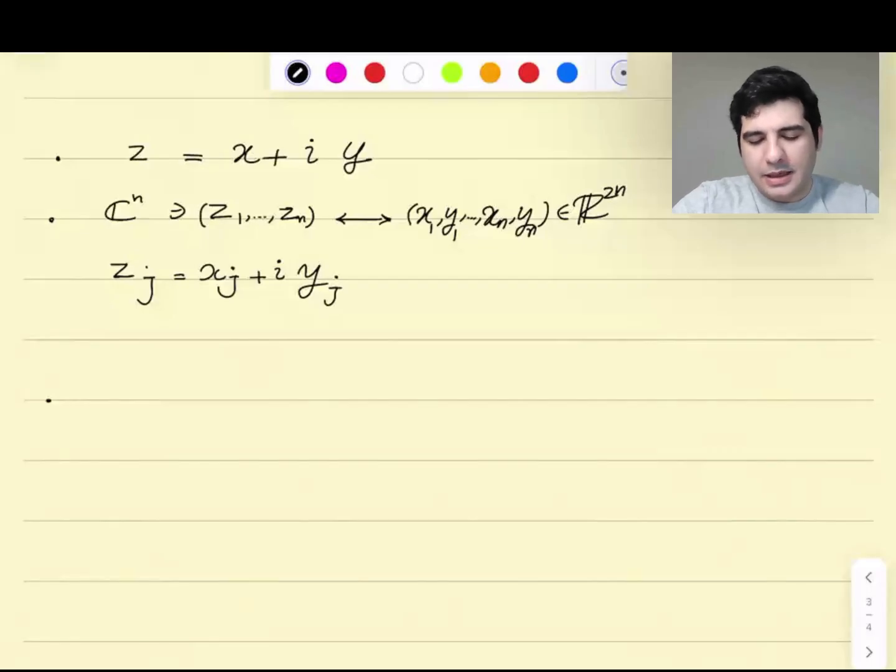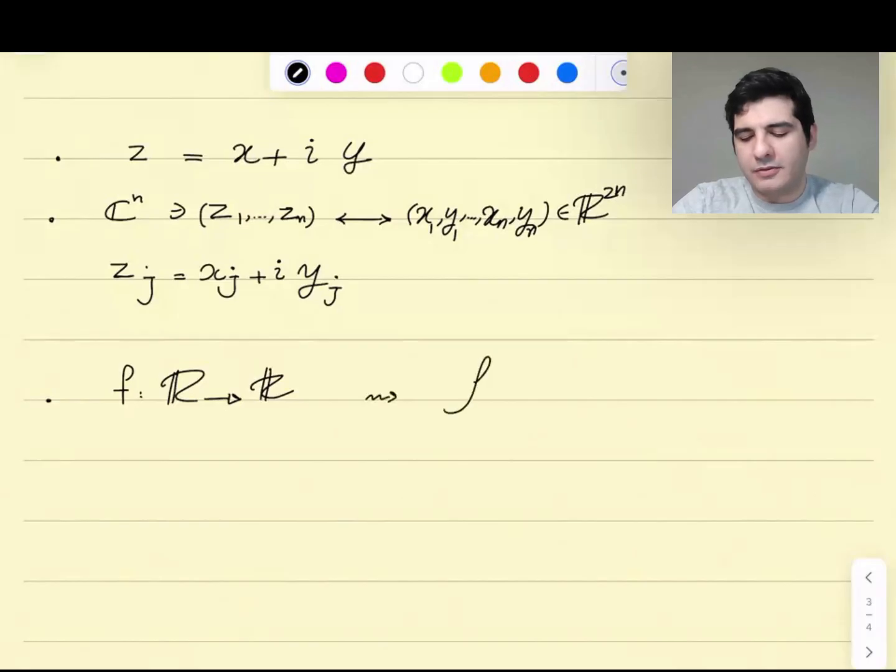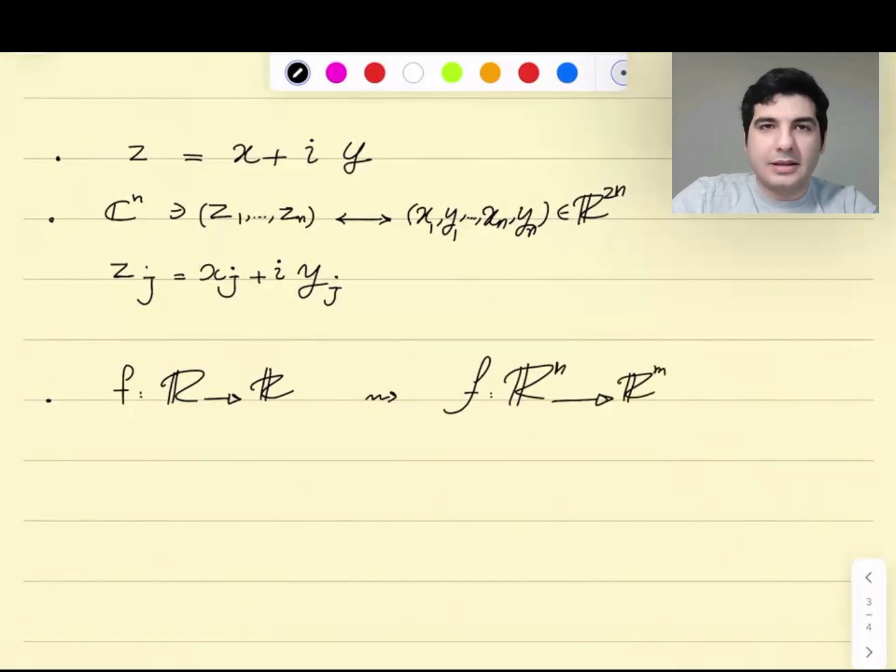The second thing we learned was that just as in calculus, where we started by studying functions from R to R, and at some point we get to higher dimensions and we study functions from, say, Rn to Rm, and then we study differentiability, continuity, and properties of these functions defined in higher dimensional real vector spaces, you could think about the same thing happening in the world of complex numbers.